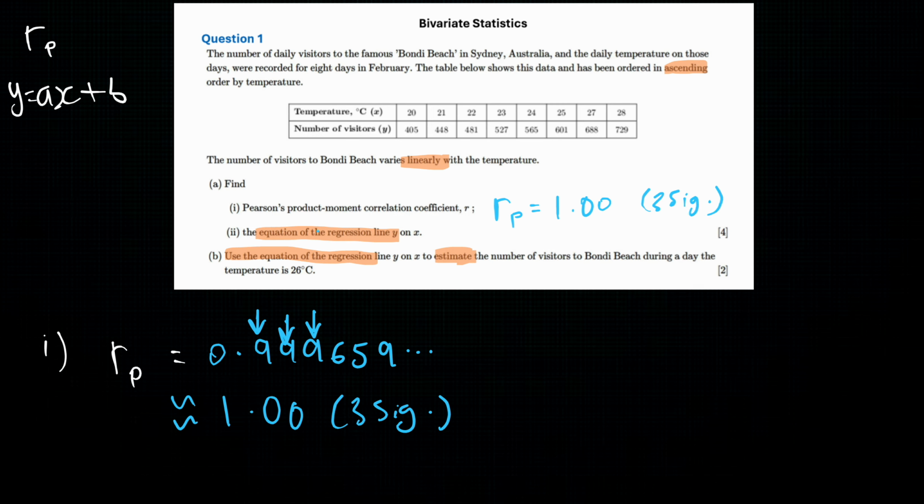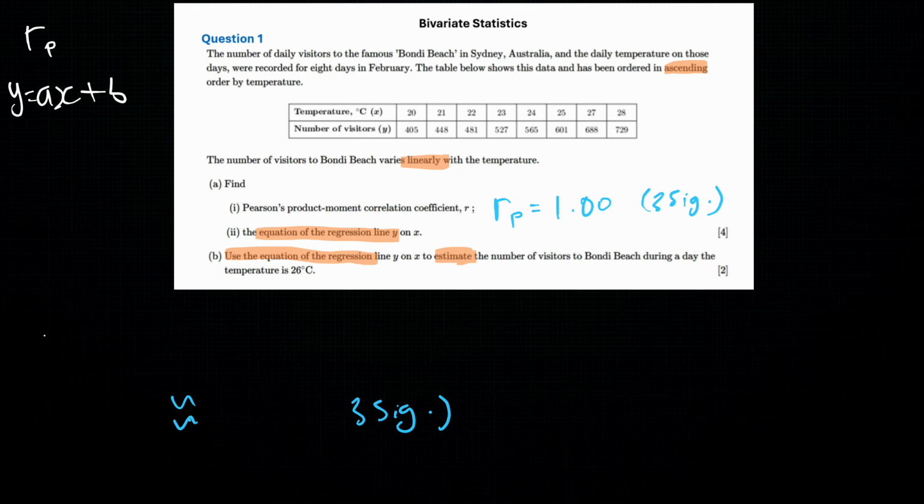Now the equation of the regression line, right? That we calculate using this equation over here, y equals ax plus b. To calculate that, we're going to need to know our a and b values, which are going to be fixed for the whole thing.